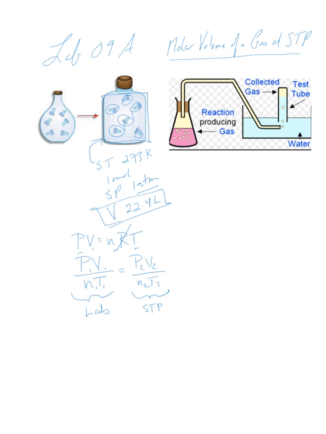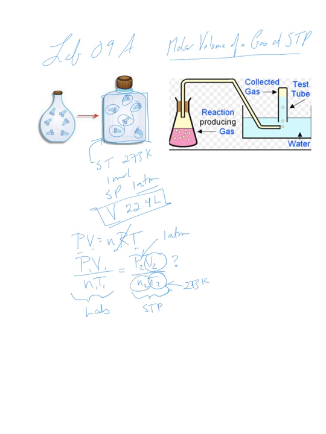So we know that the STP volume is our question mark. That's what we're trying to find. The pressure at STP is going to be 1 atmosphere, or 760 torr. The temperature is going to be 273 Kelvin at 0 degrees Celsius.